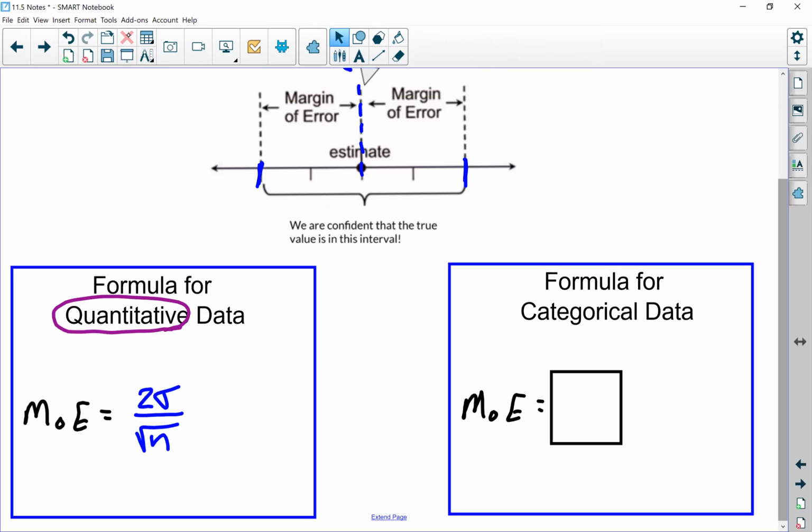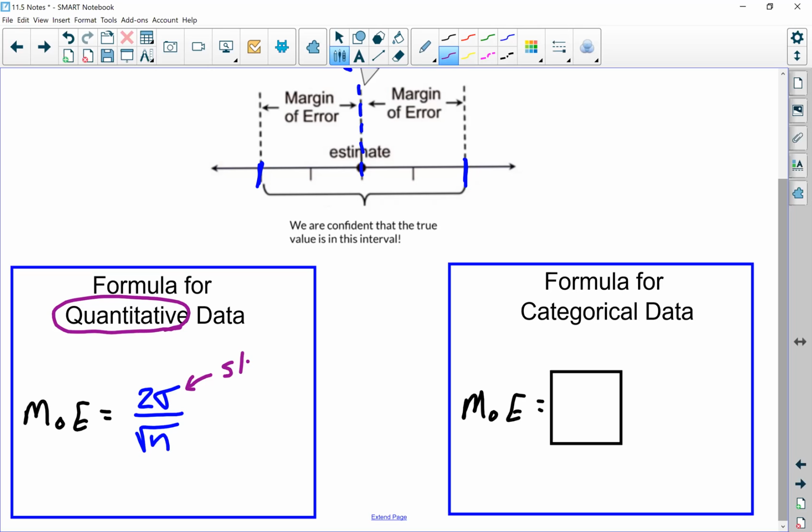Our formula for the margin of error, so MOE, margin of error, is 2 times the standard deviation divided by the square root of n. So just a few notes.